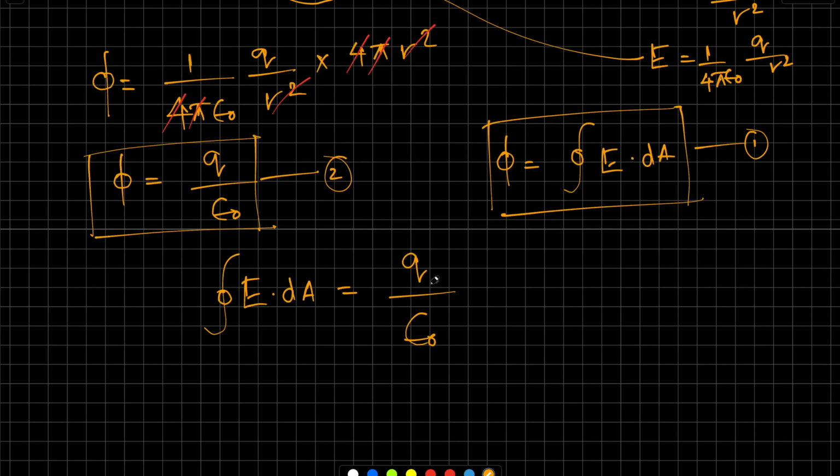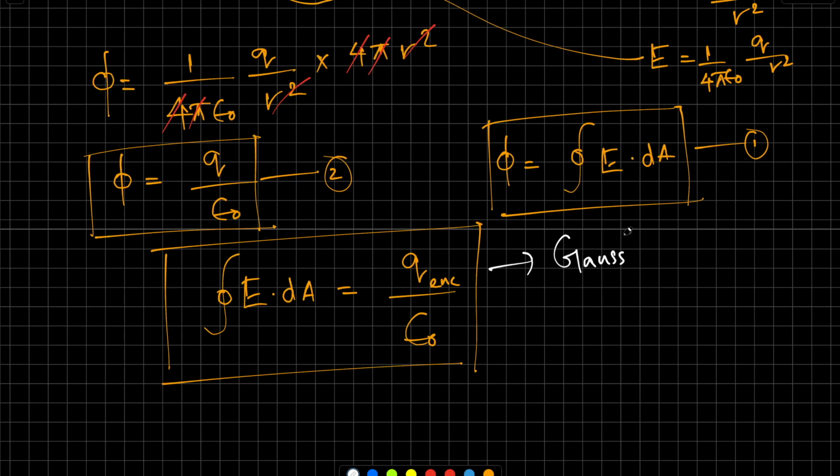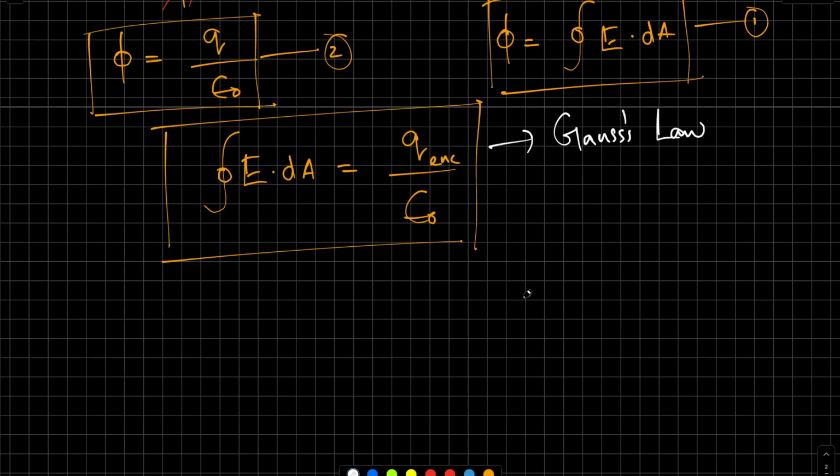This q is the q enclosed. This equation is called Gauss's law. Closed integral E dot dA equals q by epsilon 0. This can be applied to any closed surface, not just a sphere. It's a general equation. And what is this q enclosed?